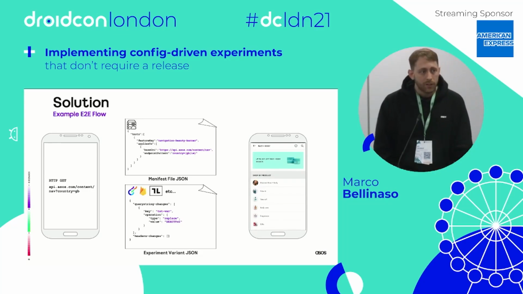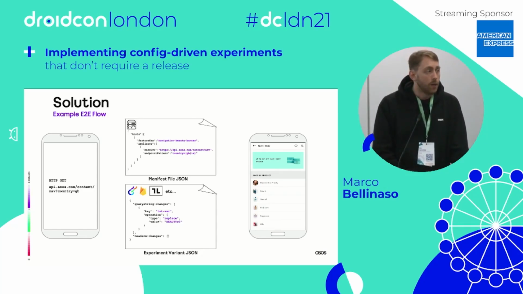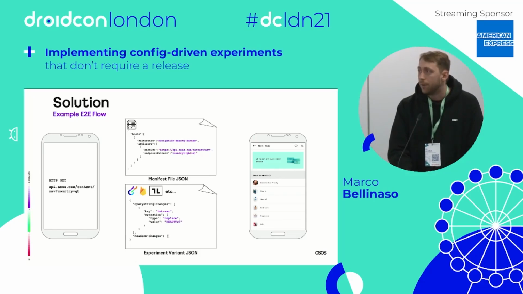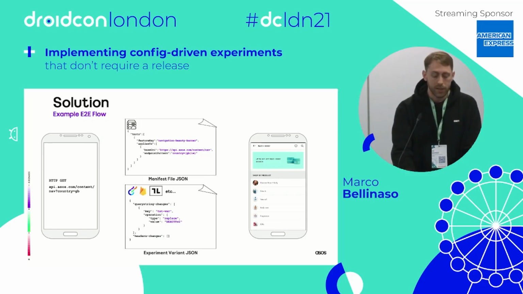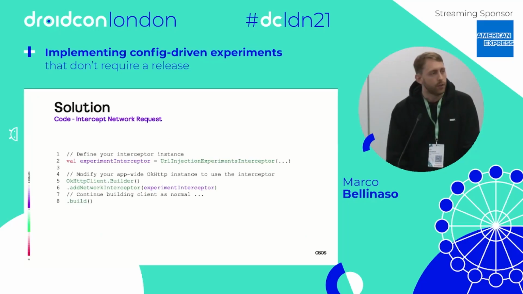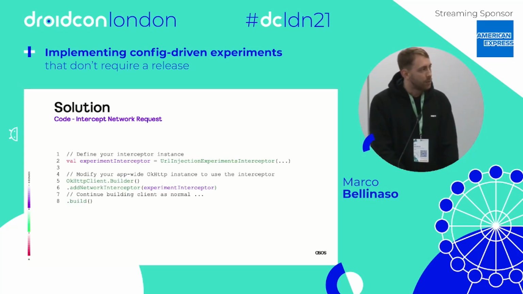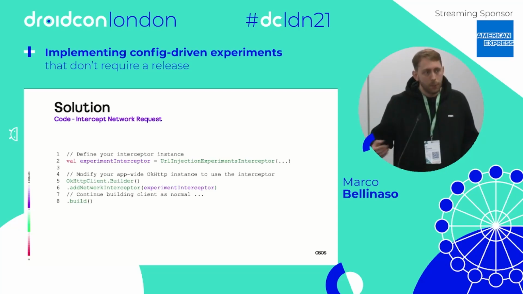But how would we do this in code? Well, in code, this is relatively straightforward. I imagine the majority of you here will be using something that uses OkHttp, be it Retrofit, or OkHttp itself, or Apollo GraphQL. There are a lot of different solutions now that use OkHttp, and what OkHttp allows us to do is add interceptors. What we do at ASOS is we use a network interceptor, and a network interceptor is different. There are two concepts within OkHttp: interceptors and network interceptors.